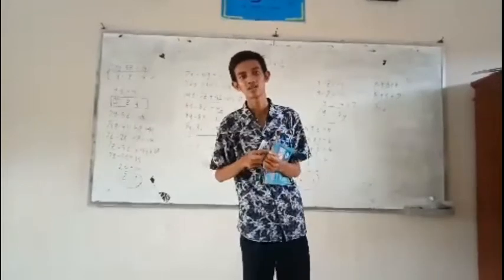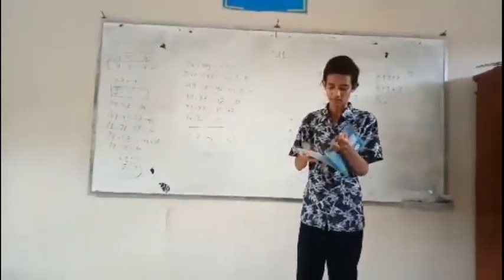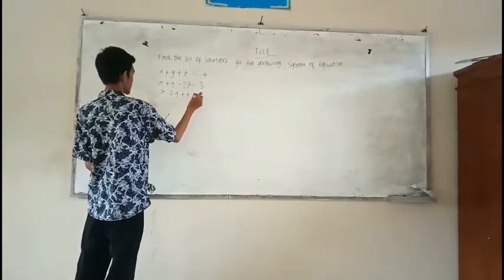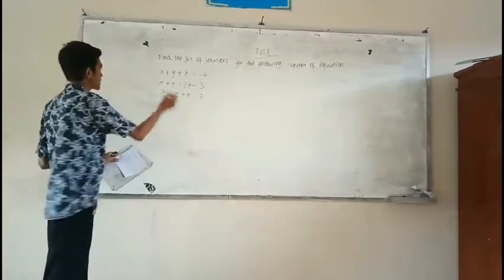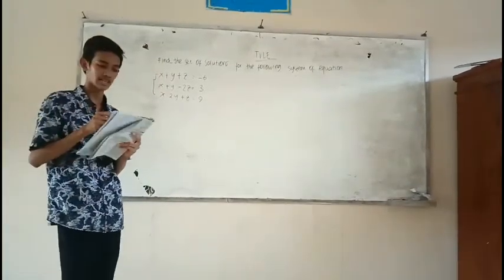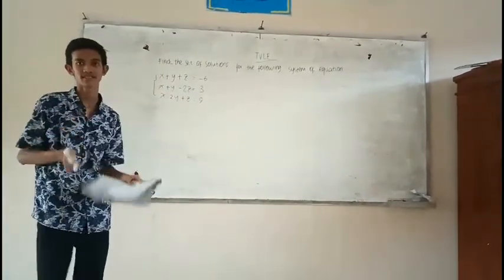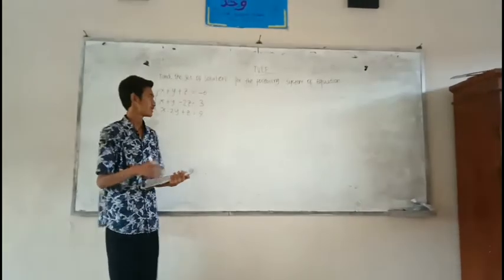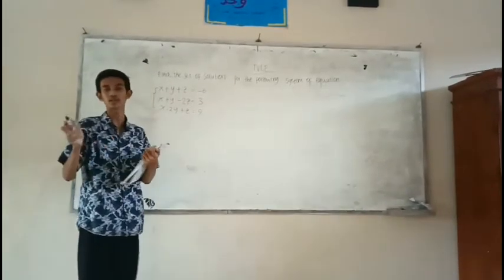Okay. Now this is the problem: z equals 9. This is the system. So do it with three variable linear equations. Now do it with your group.